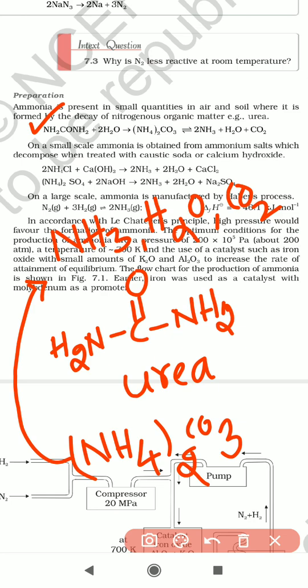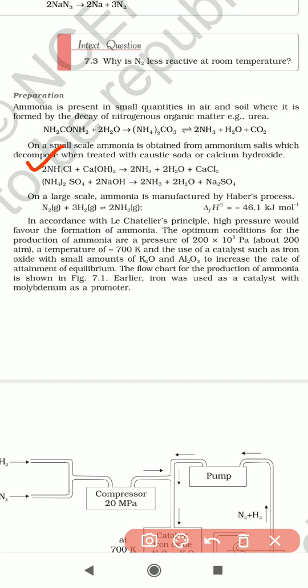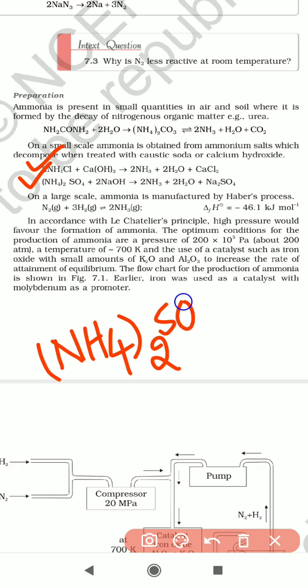Let us see the second method. Ammonium chloride reacts with calcium hydroxide to form ammonia plus water plus calcium chloride. The third method is ammonium sulfate, (NH4)2SO4.